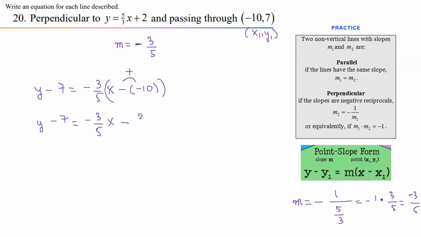That will be negative 30 over 5. And what is 30 over 5? 30 over 5 is 6. So we will plus 7 both sides. So y equals negative 3 over 5x. Negative 30 over 5 is negative 6, plus 7 is positive 1.